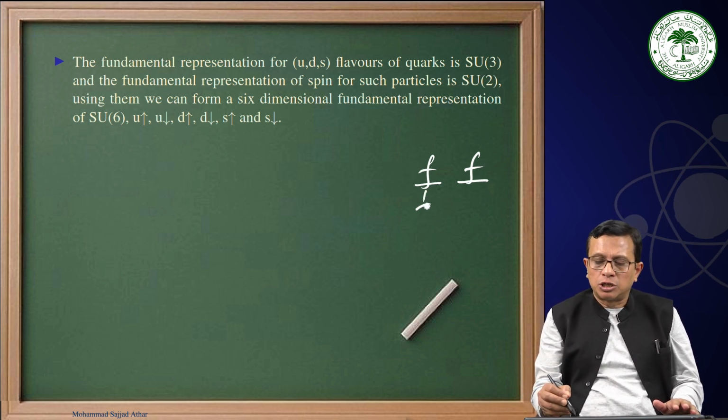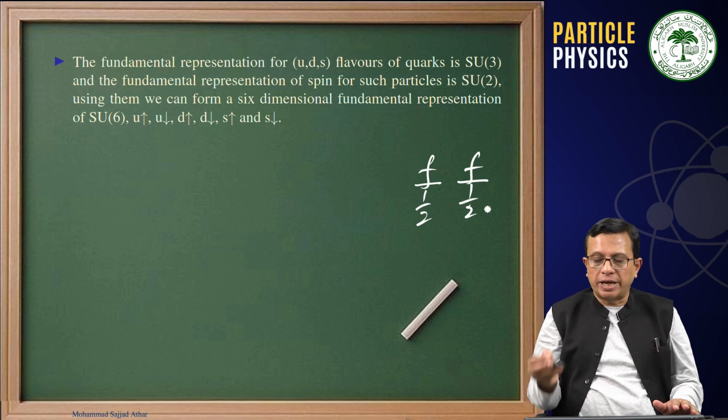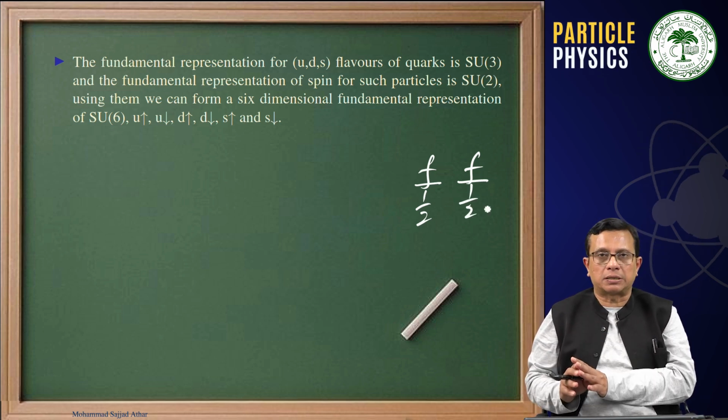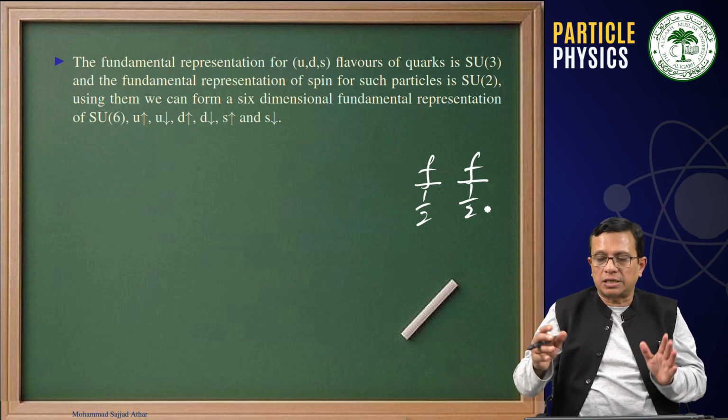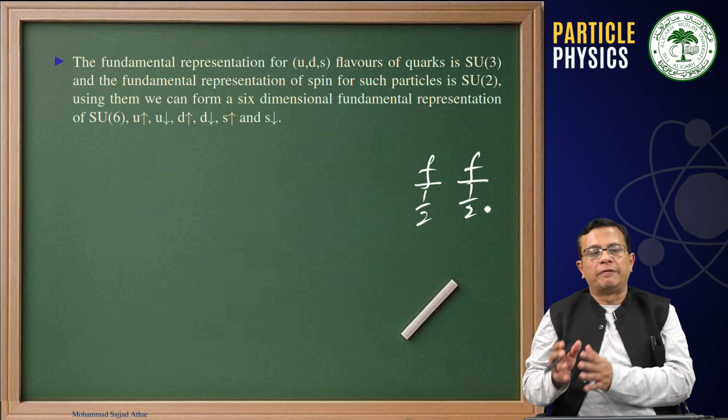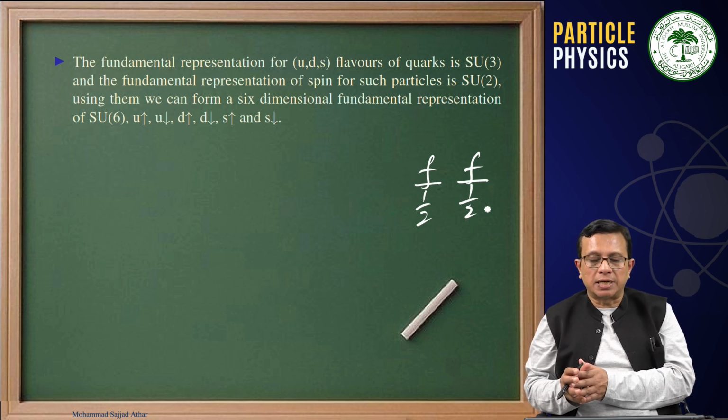If you have two spin half objects, then we know that the possible projections can be only plus half and minus half, and then similar to what we had for the isotopic spin states, we will have the spin states.